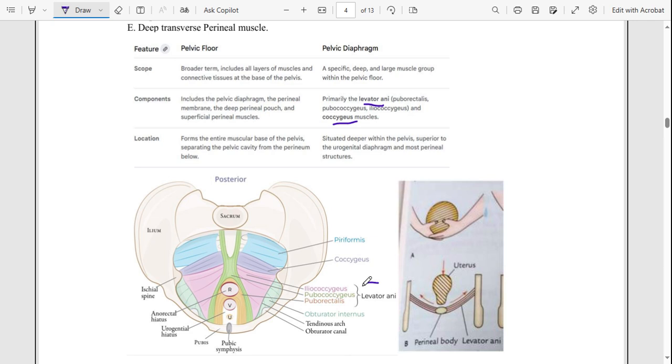And you can see the levator ani: iliococcygeus, pubococcygeus, puborectalis. If you include the coccygeus, that makes the pelvic diaphragm. But of course, you have other muscles making up the pelvic floor, for example the obturator internus, and things like piriformis and such.